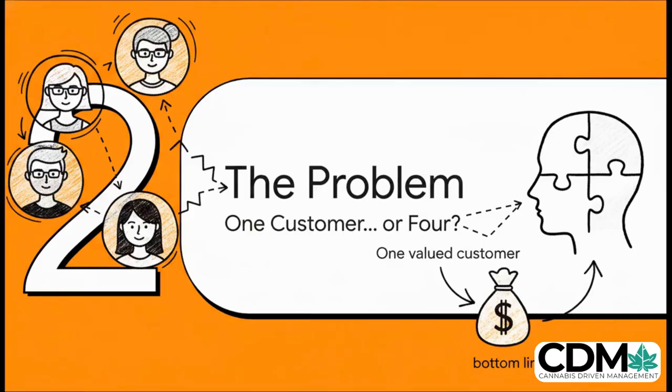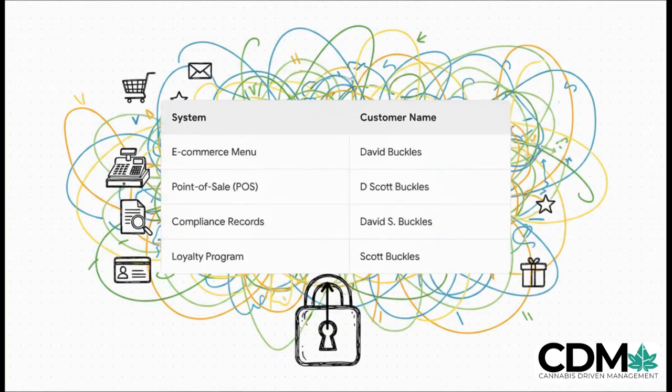And that brings us right to the heart of the problem. Is he one loyal customer that you actually know and value? Or is he, to your systems, just 4 separate, disconnected transactions that happen to look kind of similar? Believe me, for your bottom line, the answer to that question changes everything. And this visualizes the chaos perfectly. In your e-commerce system, he's David Buckles, probably tied to his email.